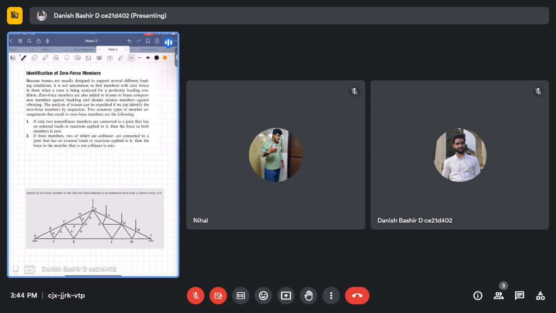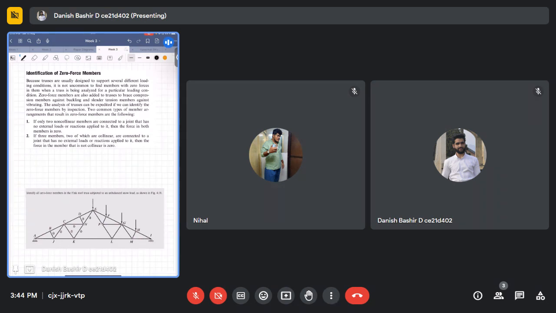So the first and foremost thing in the analysis of a truss structure is to identify the zero force members, then take those members away, simplify the truss structure, and then apply the method of joints by writing the equilibrium equation at each joint, so that each joint is in equilibrium and the whole structure is also in equilibrium.